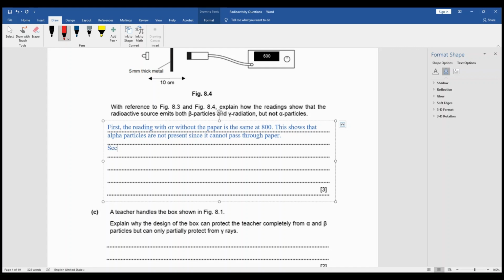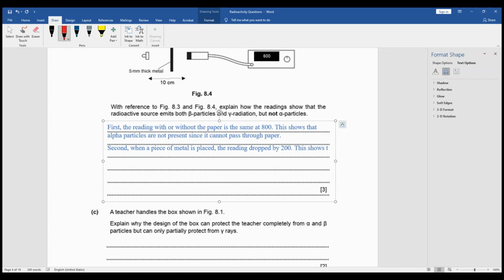Second, when a piece of metal, this one can block beta, is placed, the reading drops by 200.